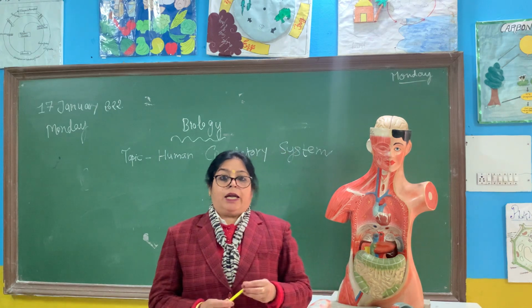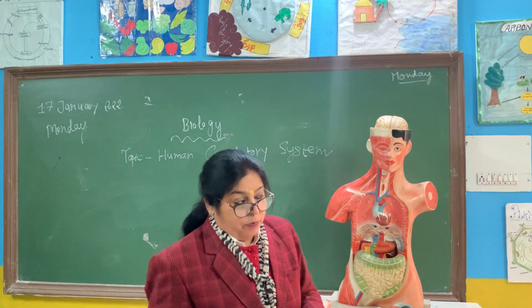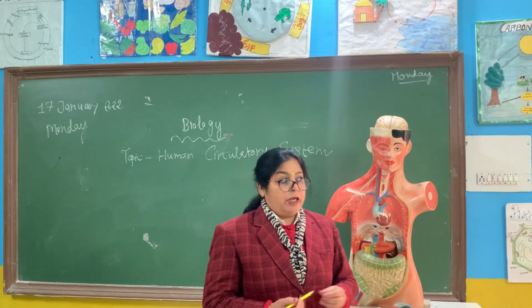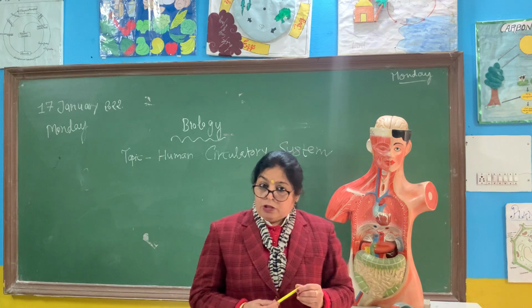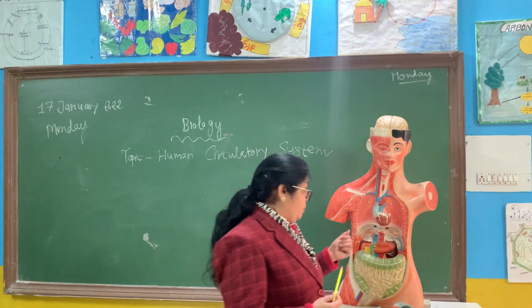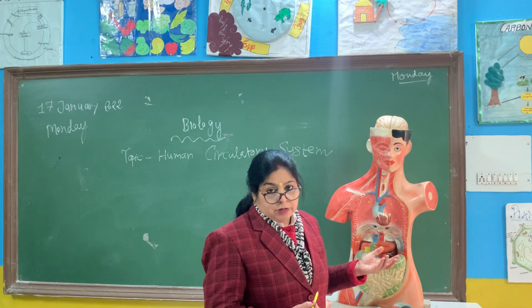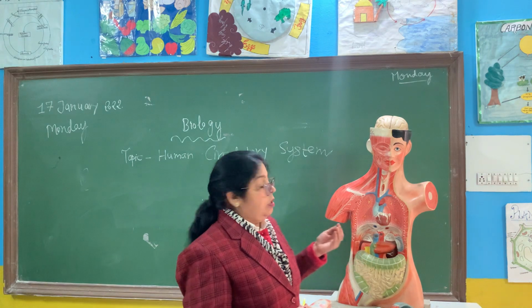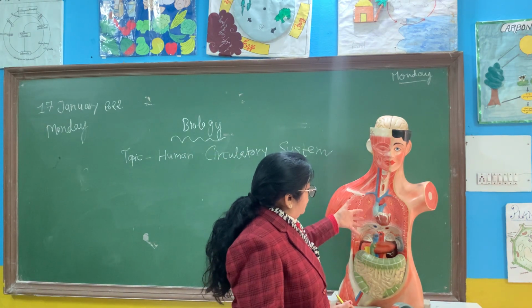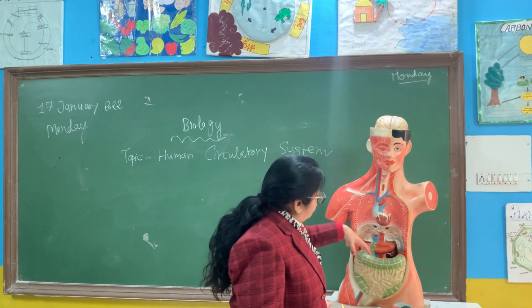In some animals, like the arthropods, for example the cockroach, they have the open type. They don't have the closed circulatory system because they don't have vessels such as arteries or veins. So their blood is the open type. It doesn't have vessels, so the blood flows into the body.